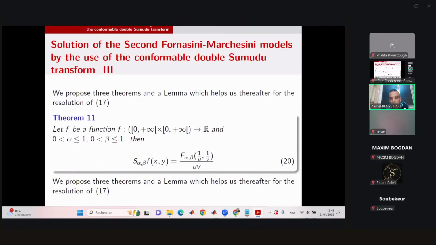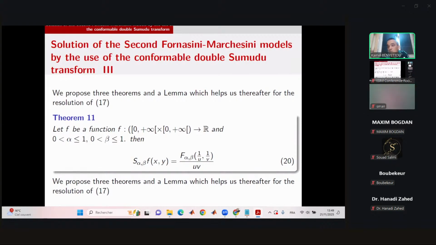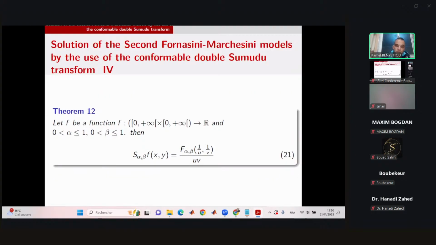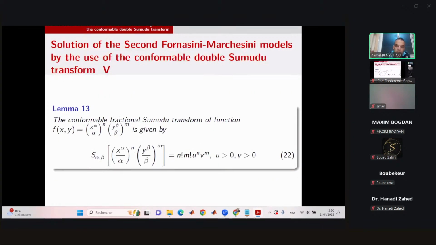We present in this part some results of this transformation, also to calculate the second solution with a different approach. This is the next result.